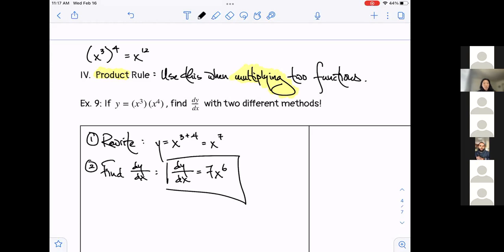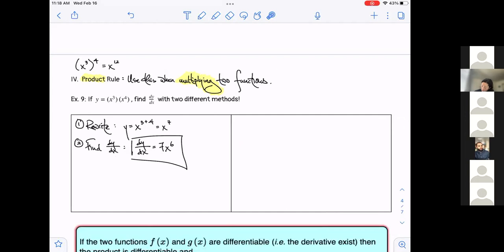The product rule is going to look longer for this problem, but the product rule will also allow us to handle two functions being multiplied together when we cannot simplify them. So eventually, and by eventually, I mean like 2 weeks from now, we're going to get to cases where we can't just simplify it. And then we will be forced to use product rule. Okay.